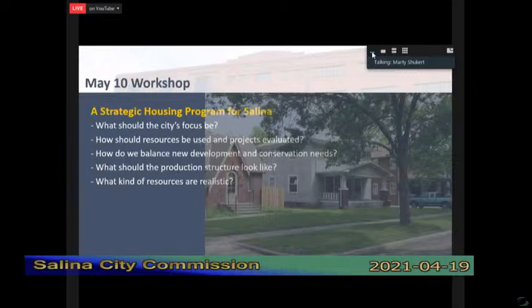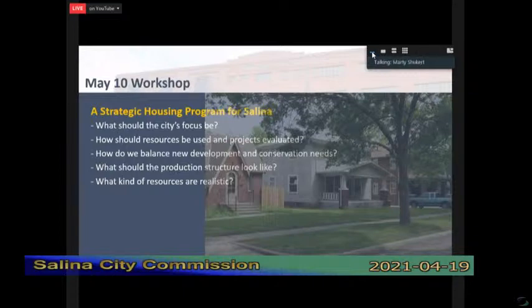How do we balance new development needs and rehabilitation or housing conservation needs? What should our structure for producing housing look like? Should we reinforce the CHDO? Do we work primarily through the private sector? Do we have some combination of the two? How are lenders and employers involved? What kinds of resources do we have to work with realistically? So we know we're getting some money through the American Rescue Act.